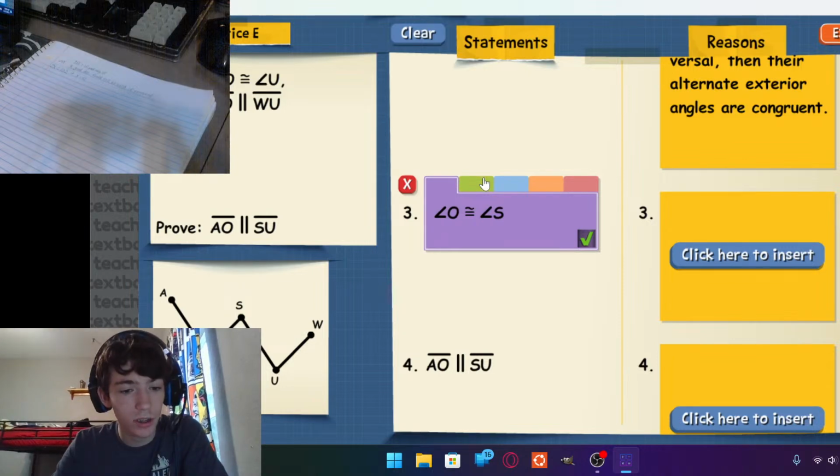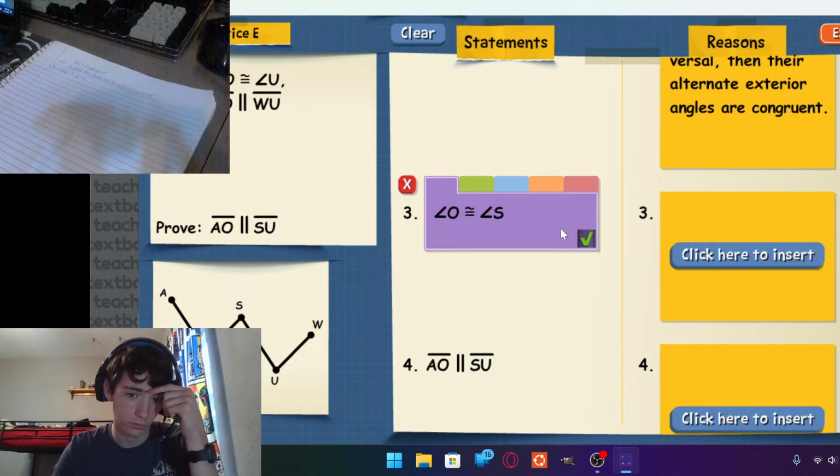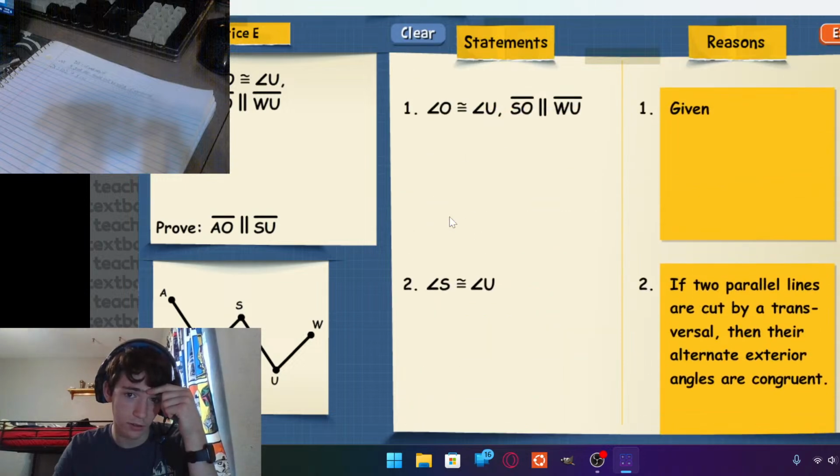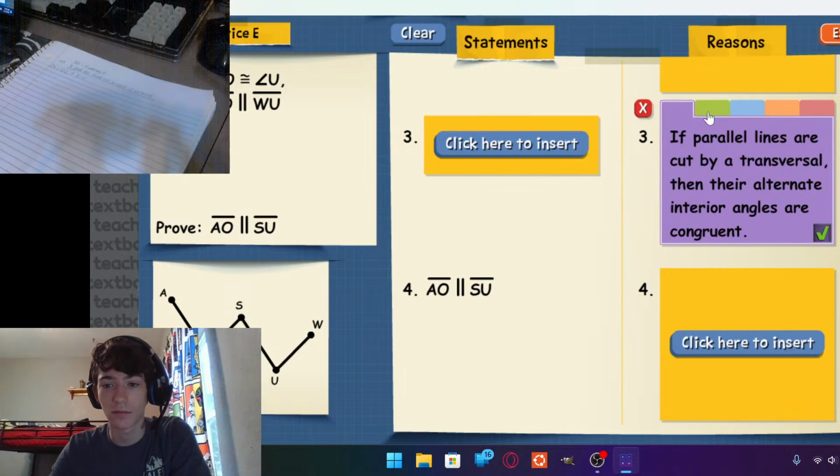Okay, this could be it. I think these are just alternate exterior angles again though, so I don't think that would be that helpful. Gosh. Is there a hint button somewhere? There's not even a hint button. What the heck? This is hard. What are the options?